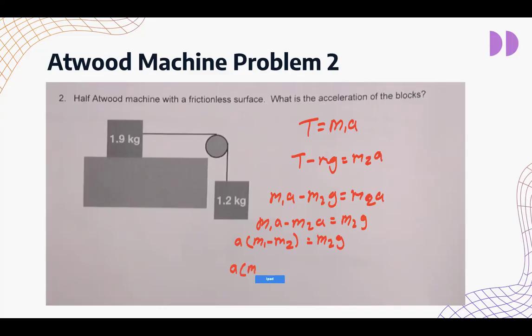So these cancel out, and then I have acceleration is equal to M2G over M1 minus M2, correct? Does anyone have questions on how I got A?